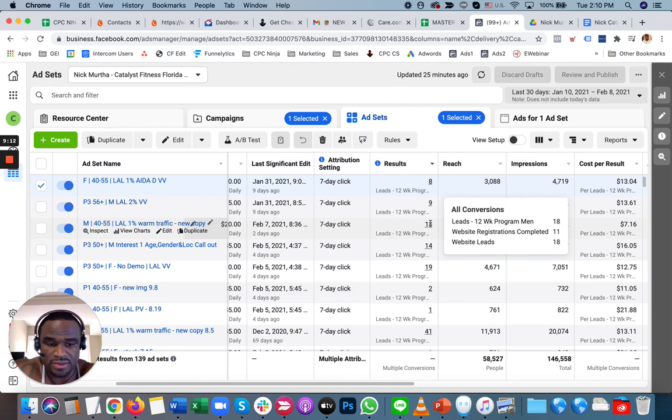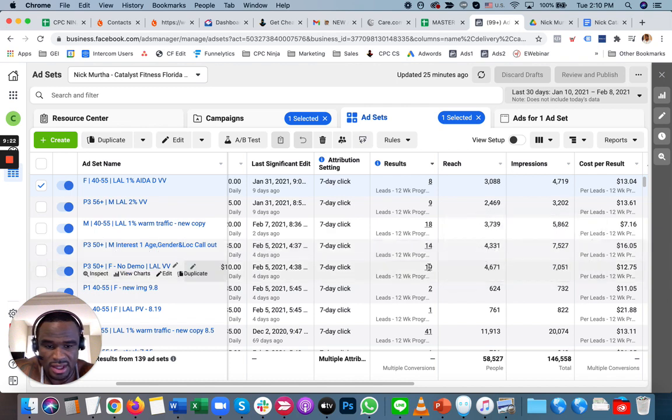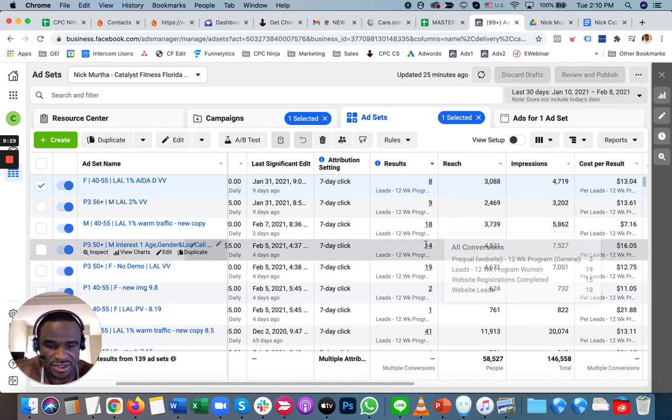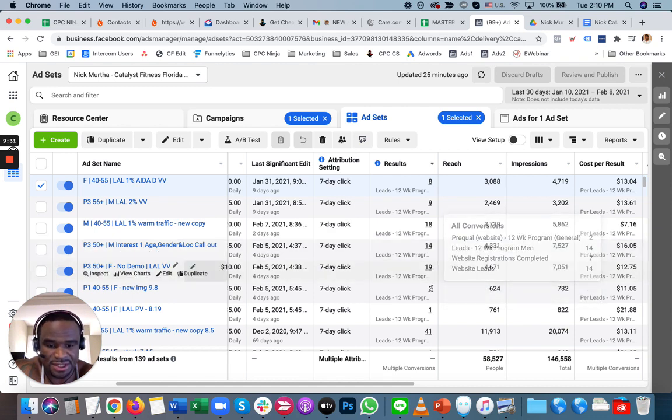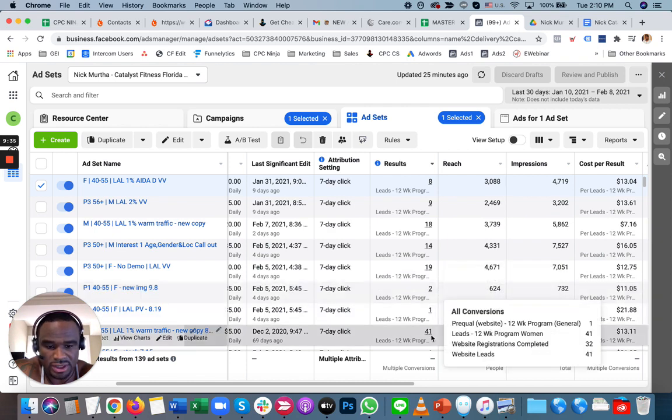So as you can see right here, 18 leads, 11 applications; 14 leads, 2 apps based on that avatar; 19 leads, 15 applications; 14 leads, 7 applications; just 41 leads and 32 applications.